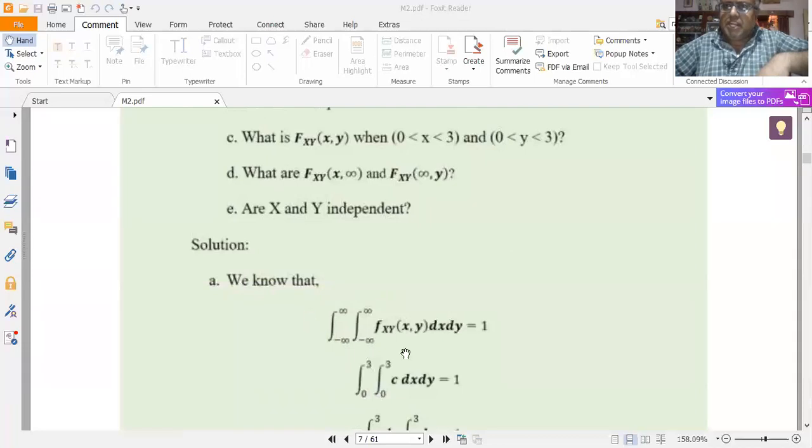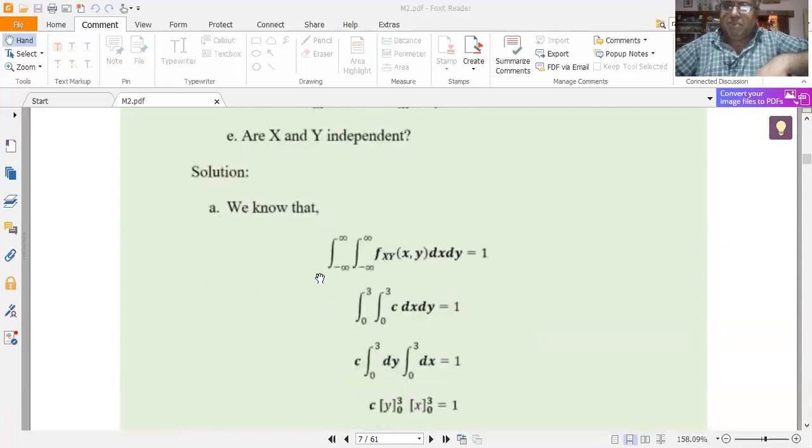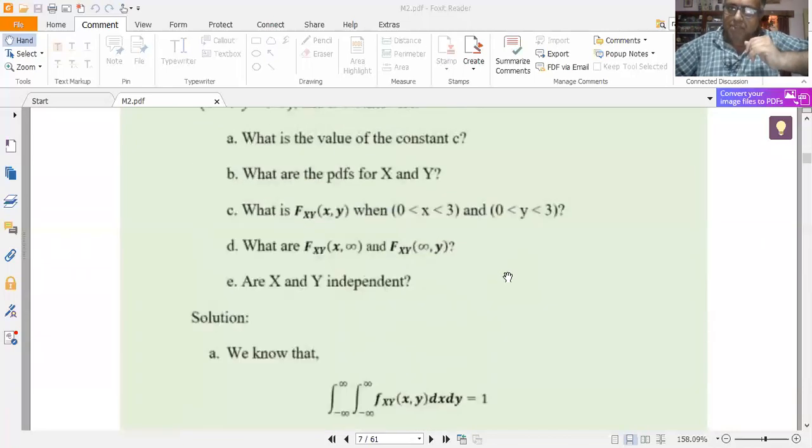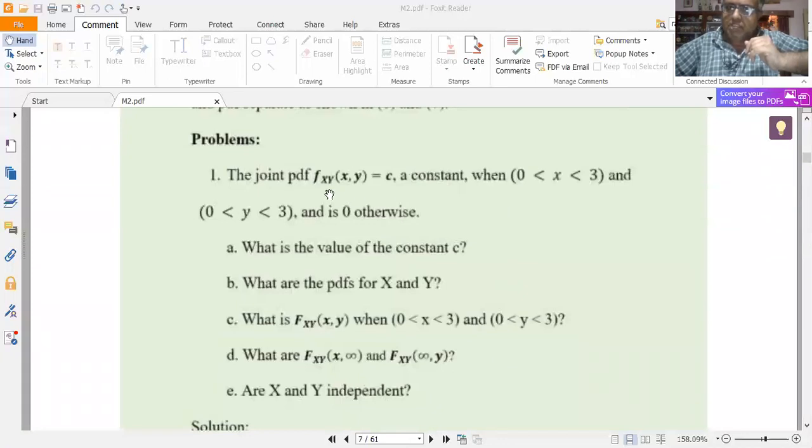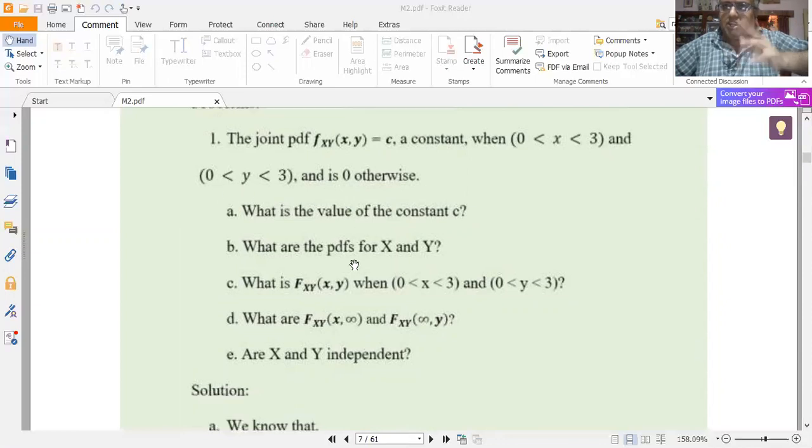The condition for a legitimate joint PDF is that the area under the f_XY(x, y) curve should be equal to 1, that is, the double integral from minus infinity to plus infinity of f_XY(x, y) dx dy should be equal to 1. But by data, f_XY(x, y) is equal to c for x lying between 0 and 3 and for y lying between 0 and 3. For all other values, it is equal to 0.